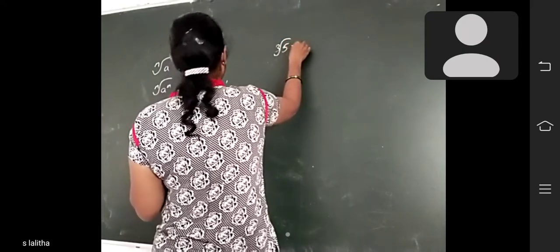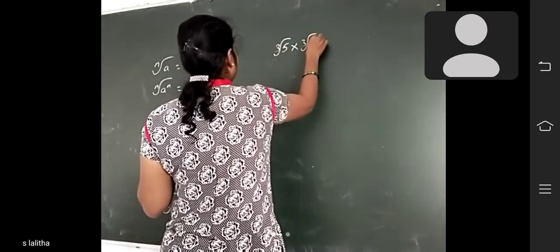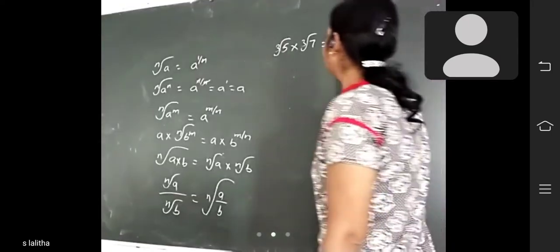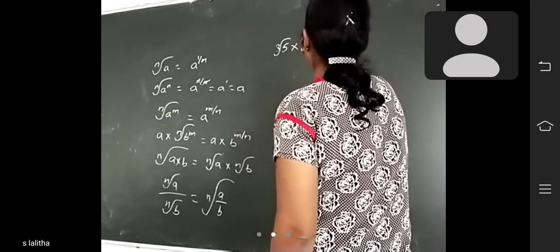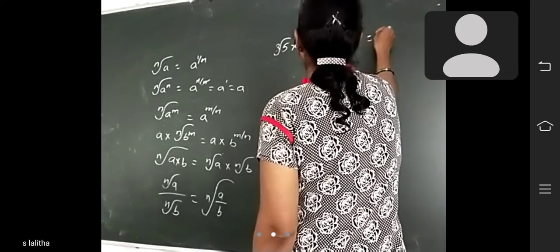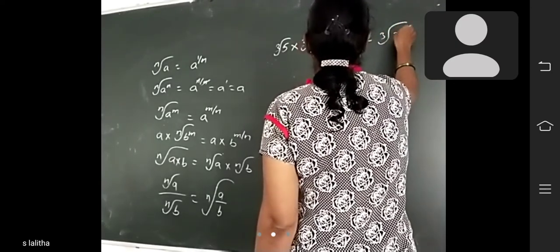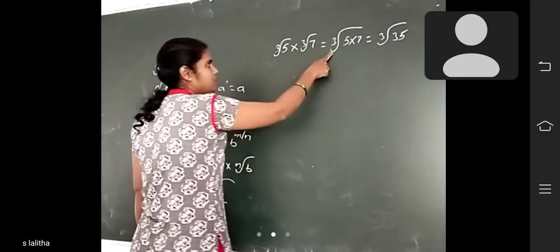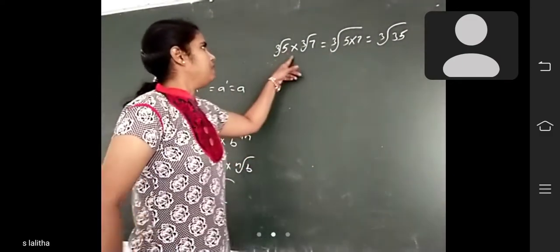Cube root 5 into cube root 7. Both are having cube root only, so you have to take common cube root of 5 into 7. 5 into 7 how much?